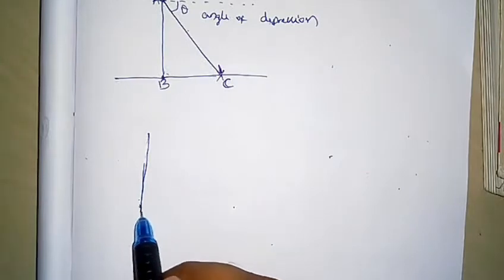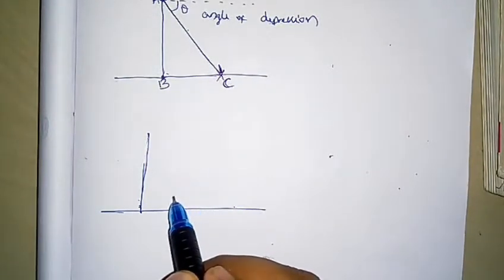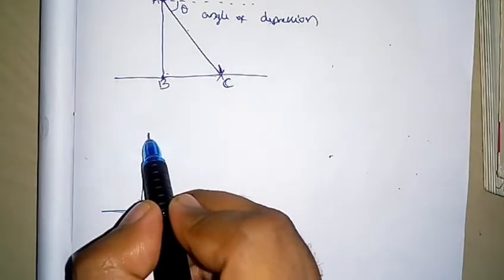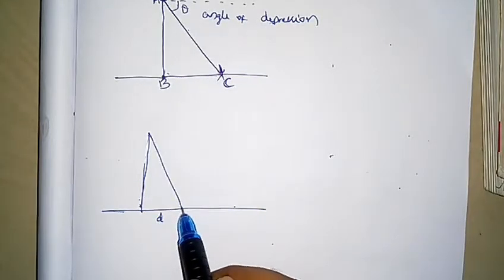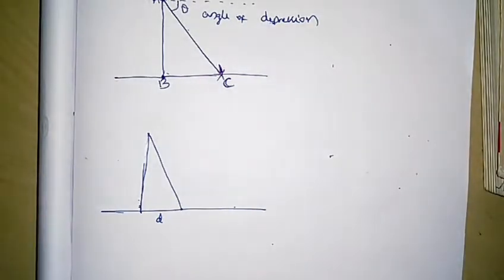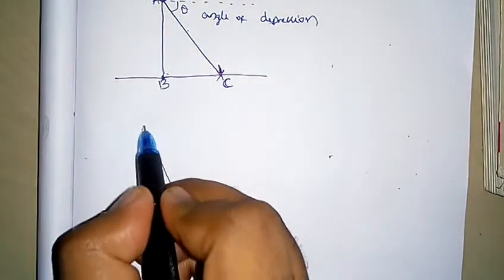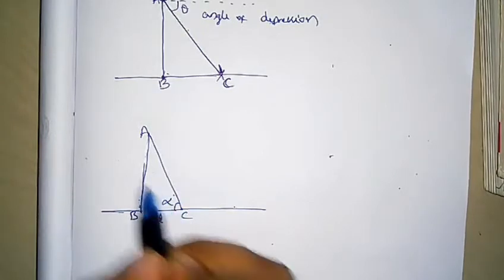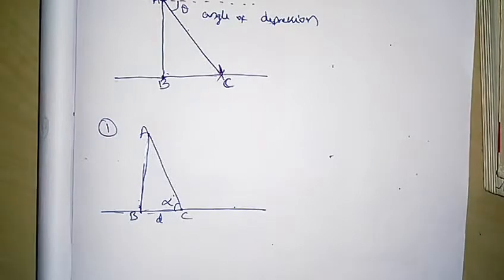Assume this is the clock tower, and it is observed at an angle of alpha degrees, and the foot of the tower is at a distance d meter from you. Let it be A, B, C, and it is making an angle alpha degrees with the horizontal. So this is the diagram.